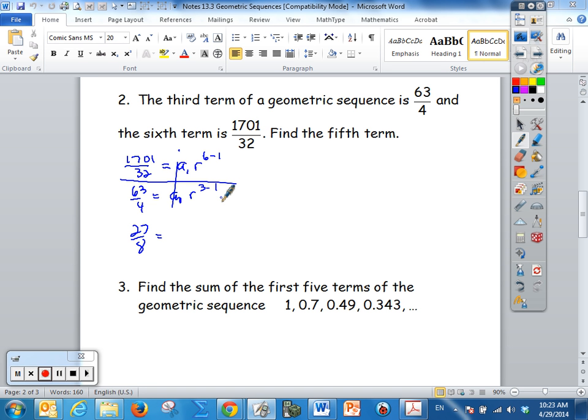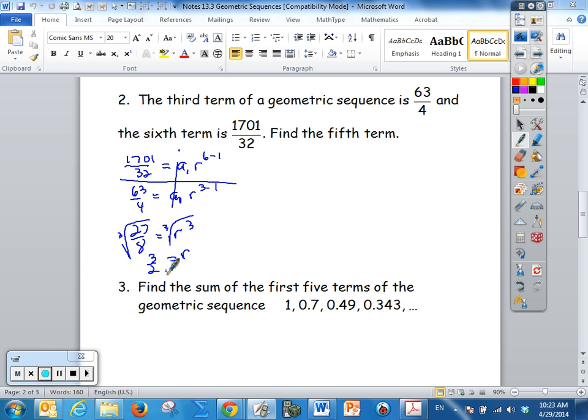And we know how to combine those together into one r, right? If we're dividing, we subtract the exponents. So I would have 5 minus 2 is 3. And so then I would cube root both sides. And I get r equals 3/2.